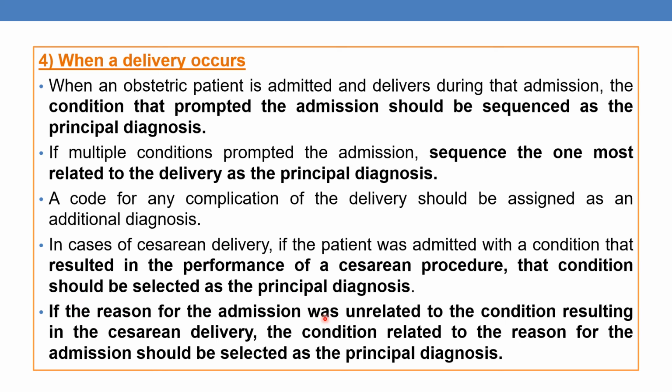If the reason for admission was unrelated to the condition resulting in the C-section, the condition that is related to the reason for admission should be selected as the PDX. A pregnant woman got admitted for some other condition and that resulted in a C-section. You need to code that unrelated condition as the PDX because that is the reason for visit.